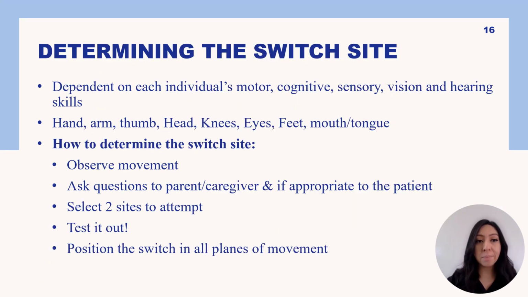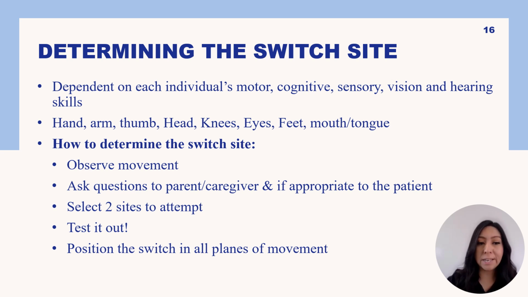So now let's talk about how do we determine the switch site. So determining the switch site will be dependent on each individual's motor, cognitive, sensory, vision, and hearing skills. It can either be placed on an individual's hand, arm, thumb, head, knees, eyes, feet, mouth, or tongue. So how do we determine the switch site?